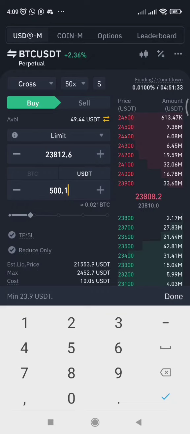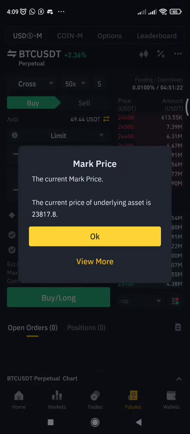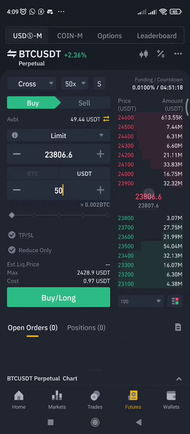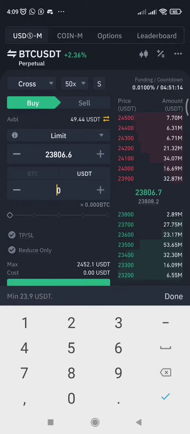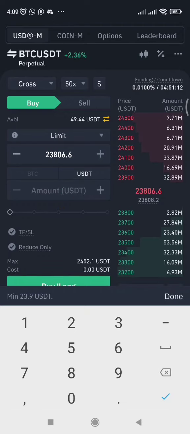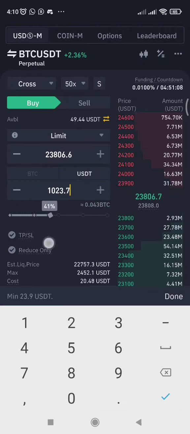The margin is the amount of capital you would like to use to enter the trade. So I would love to enter this trade now. I'll be using 4% of my capital. That's risk management for you.